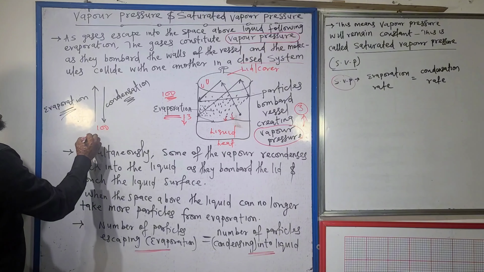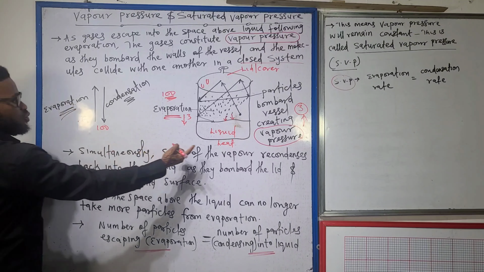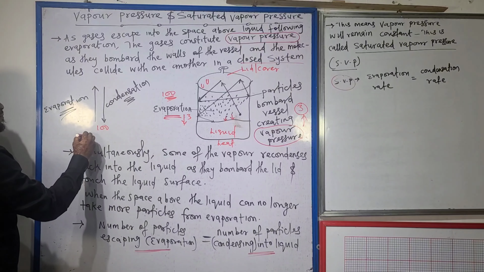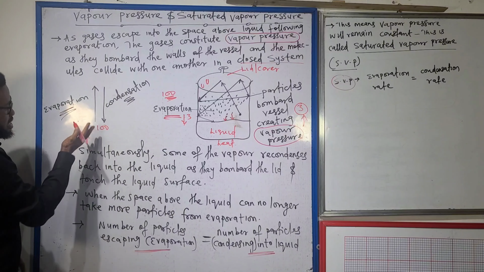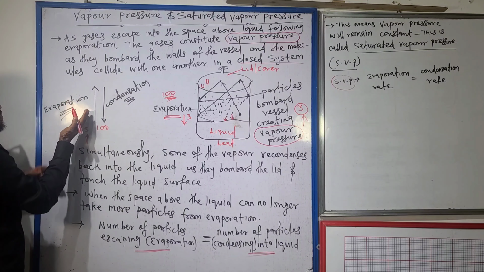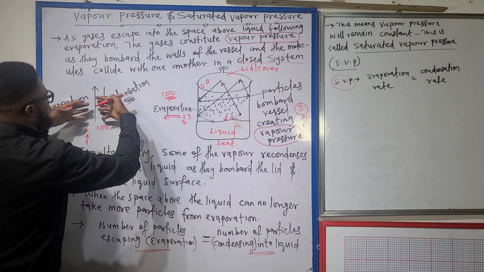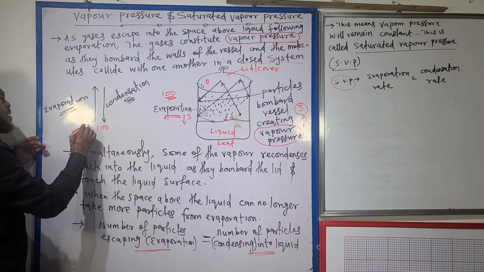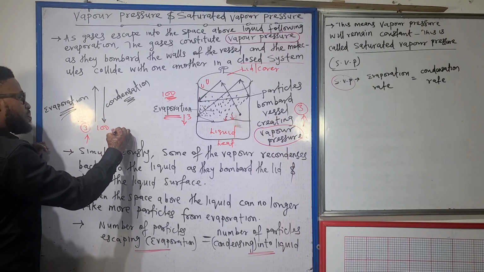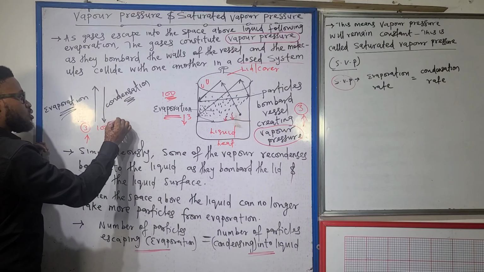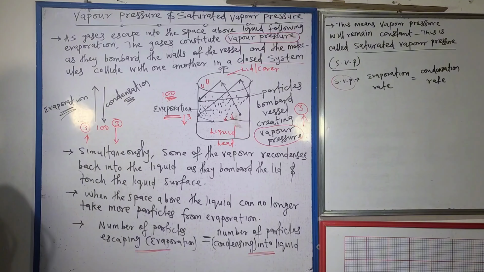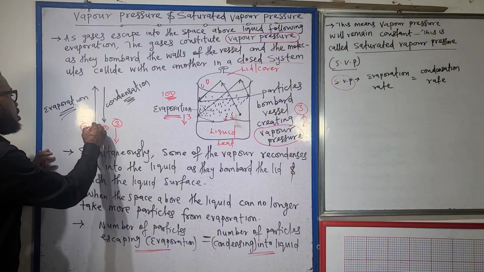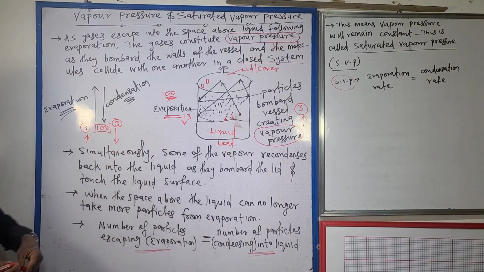If we heat forcefully and about 3 particles evaporate, of course the space above is already occupied and cannot take more particles. If 3 particles escape, then 3 particles have to recondense back into the liquid. The implication is that we cannot have more than 100 particles just above the liquid.